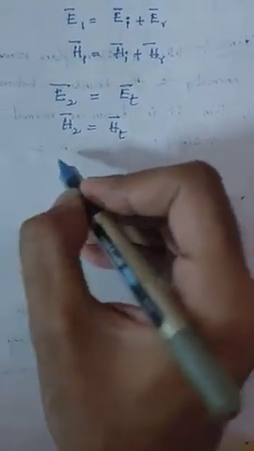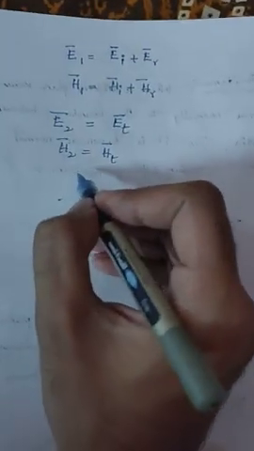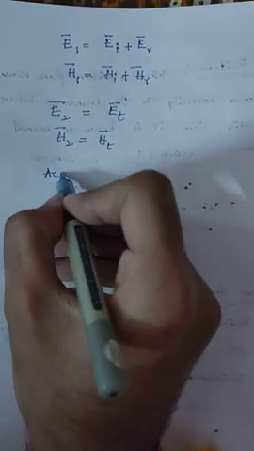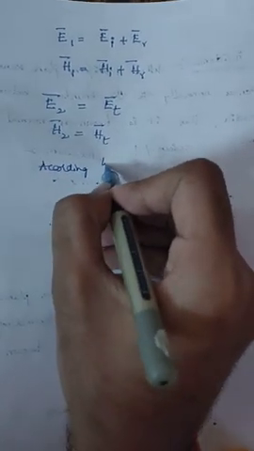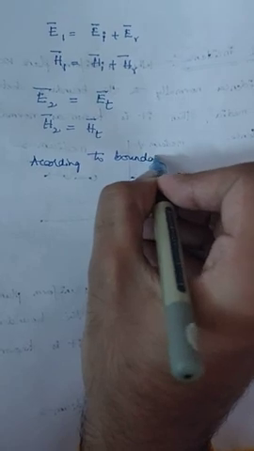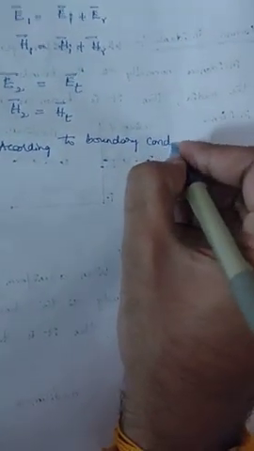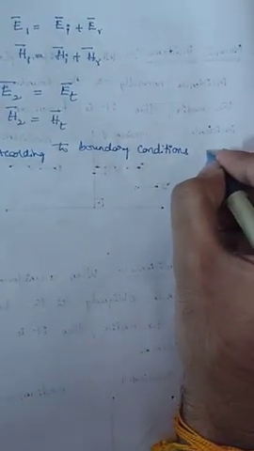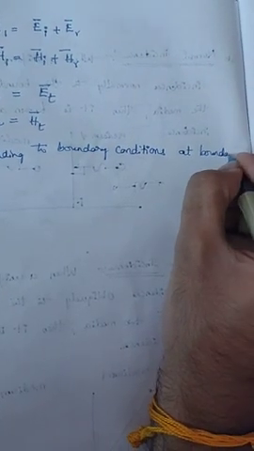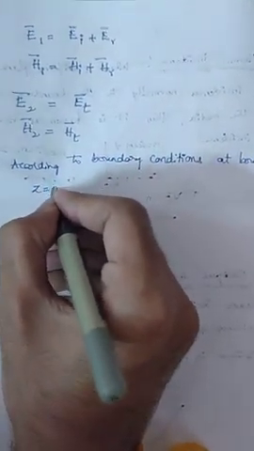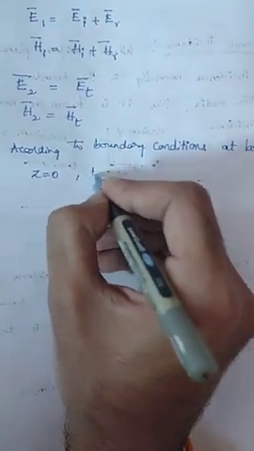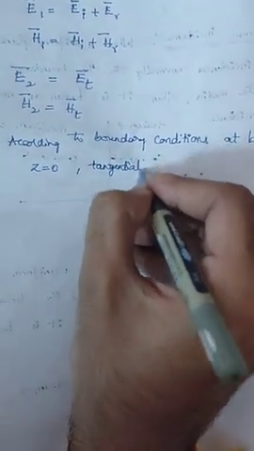Now I want to consider boundary conditions. When the incident wave strikes the boundary, according to the boundary conditions, at the boundary Z is equal to 0, the tangential components are equal.